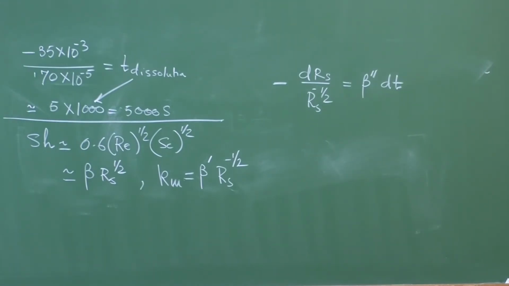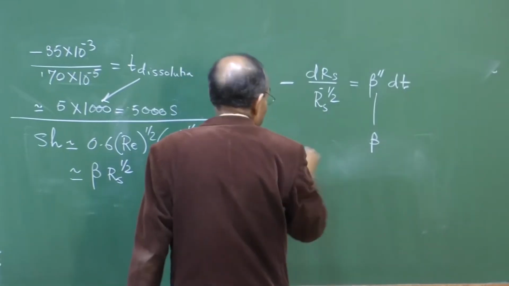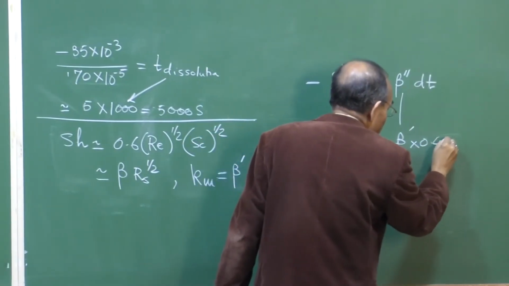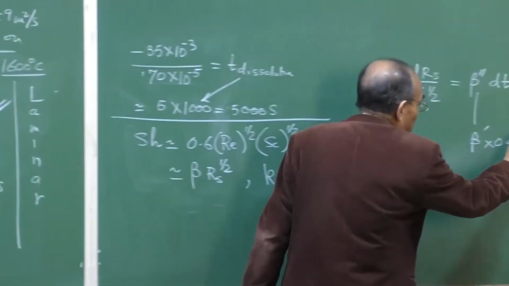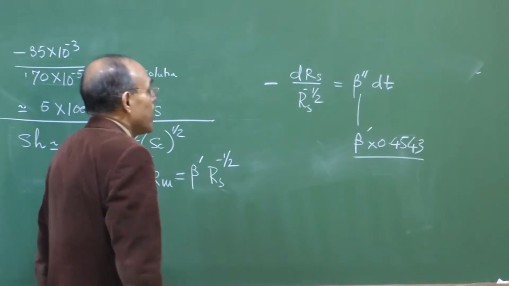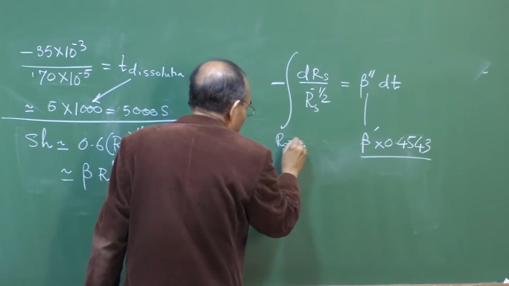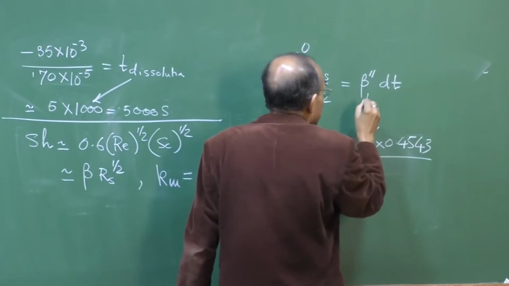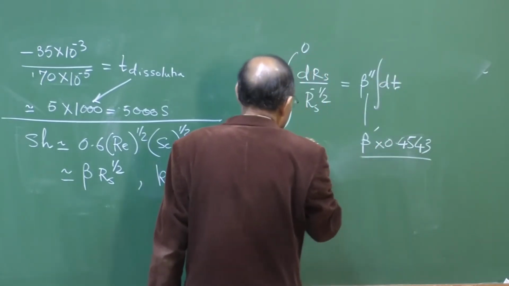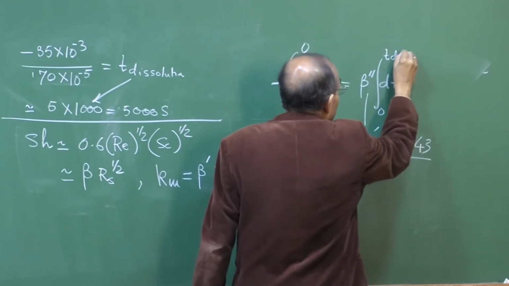So, Km is to be substituted. You have substituted beta; this beta prime is essentially beta prime multiplied by 0.45, and what is that value? 4543, that is the value. You have to integrate this from Rs equal to the initial radius Rsi to the final radius, that is, from time t equal to 0 to t equal to t dissolution.